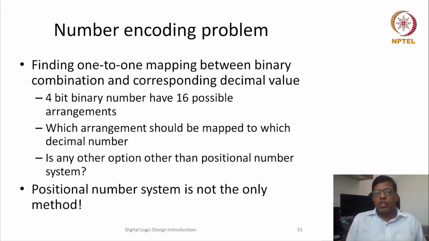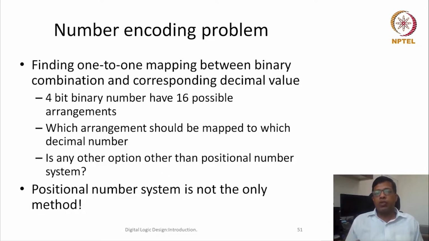Which arrangement should be there? One thing is clear, that it has to be a one-to-one mapping, that each 4-bit binary arrangement should map to one decimal number. Which decimal number? That's a good question, and that is the question we would try to answer here.